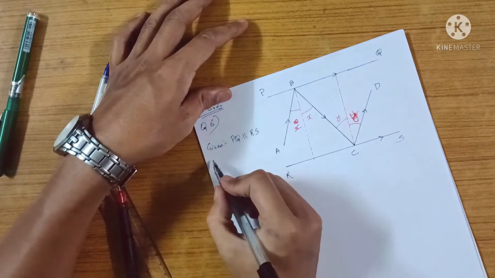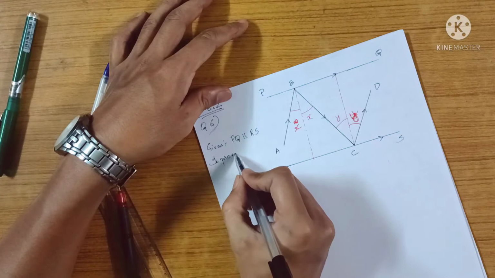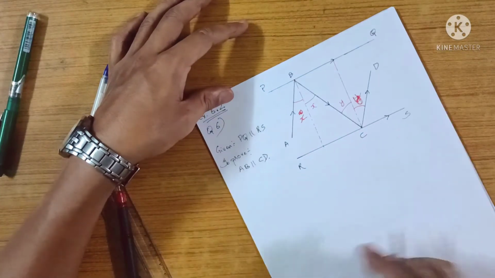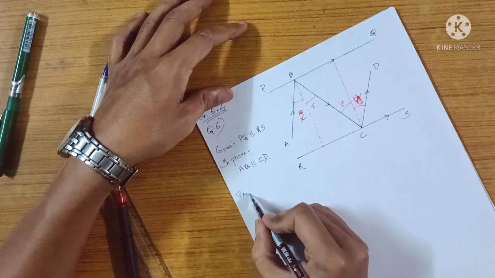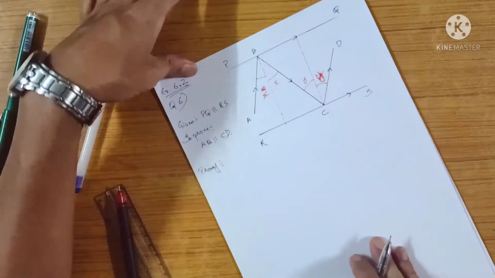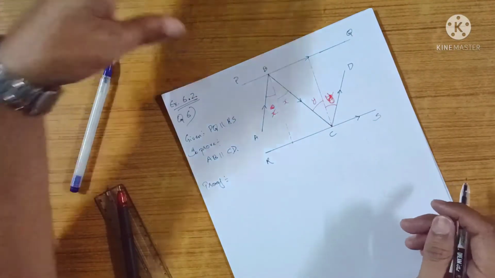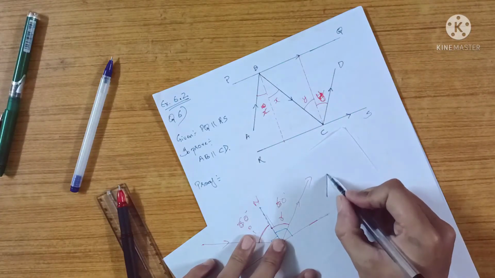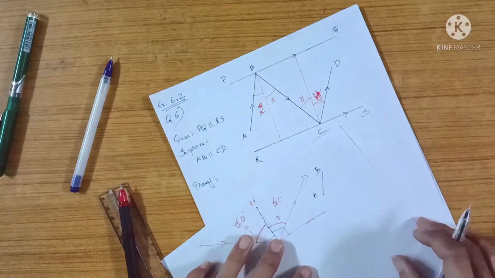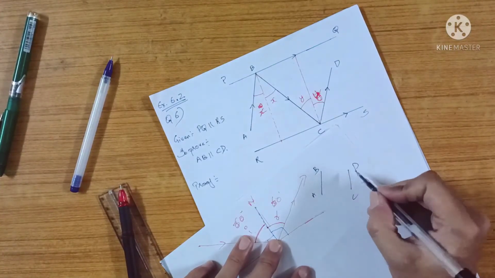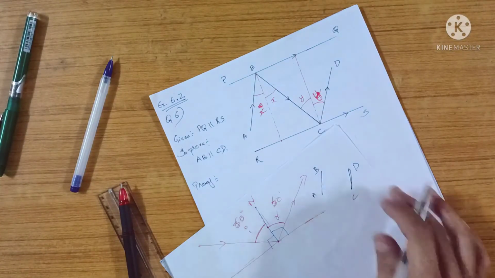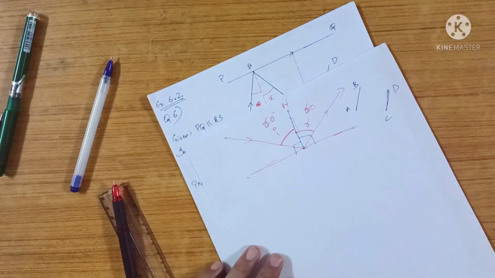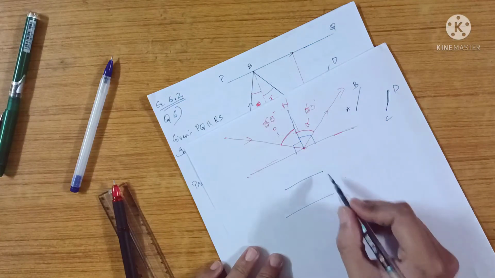So our goal is to prove that AB is parallel to CD. So, proof. In order to show that AB is parallel to CD, before we show the parallel part, I hope you all know what alternate angles are.